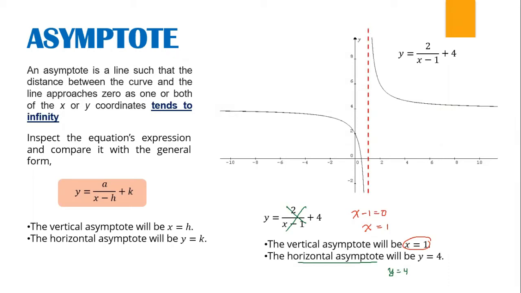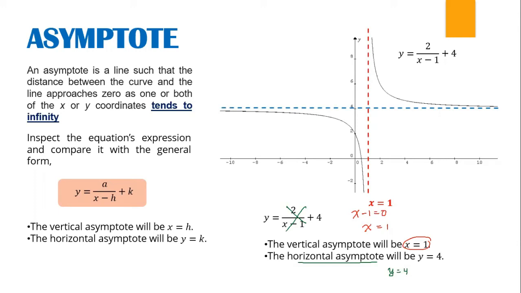There is no intersection. Clear to everyone? So the asymptote means the line tends to infinity, but there is no intersection with the curve.